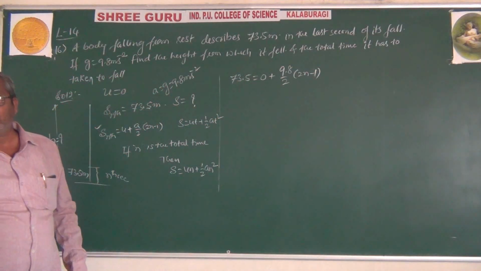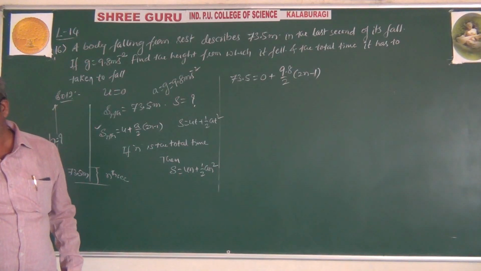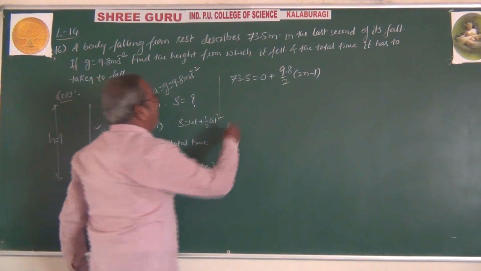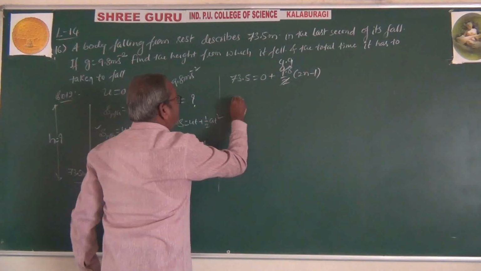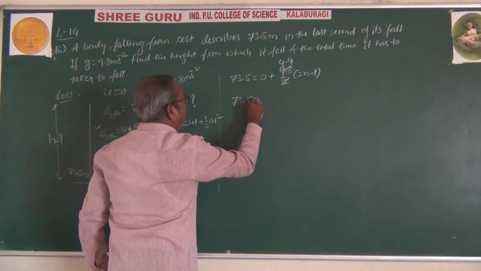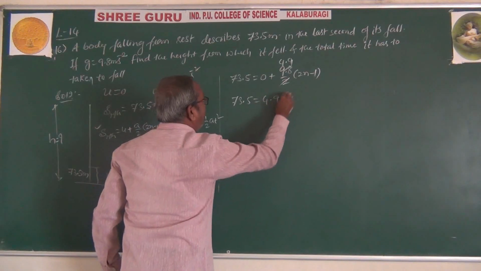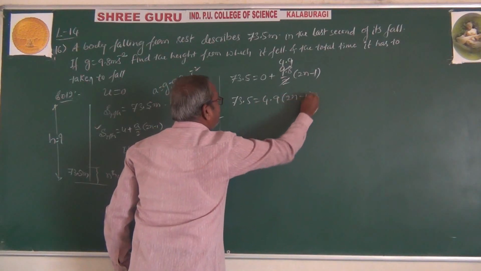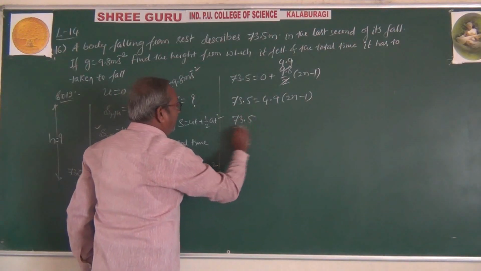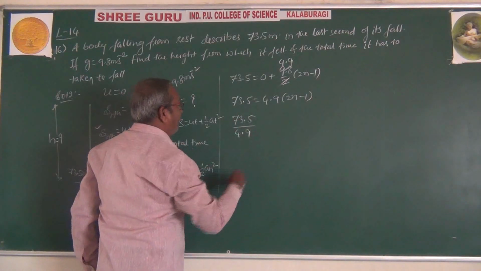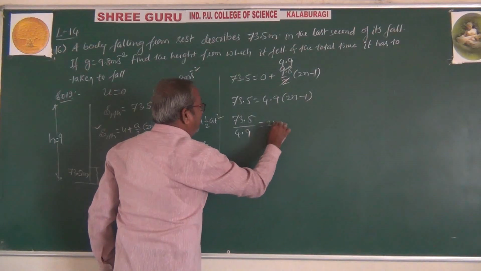So here we have to find n. Here a by 2 is 4.9. So 73.5 equals 4.9 into 2n minus 1. 73.5 divided by 4.9 equals 2n minus 1.